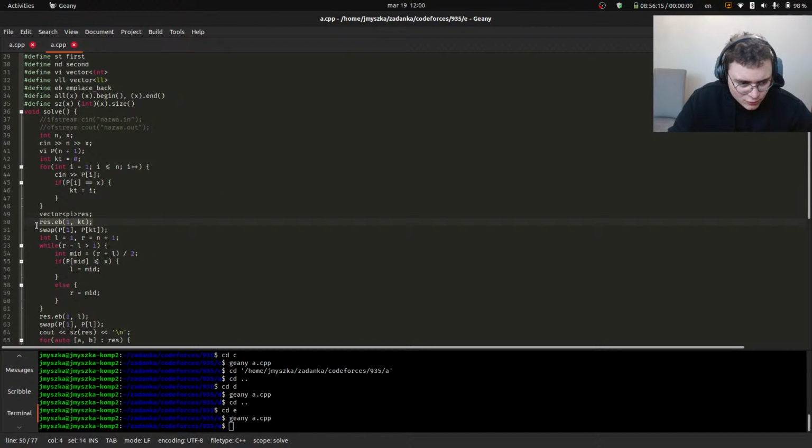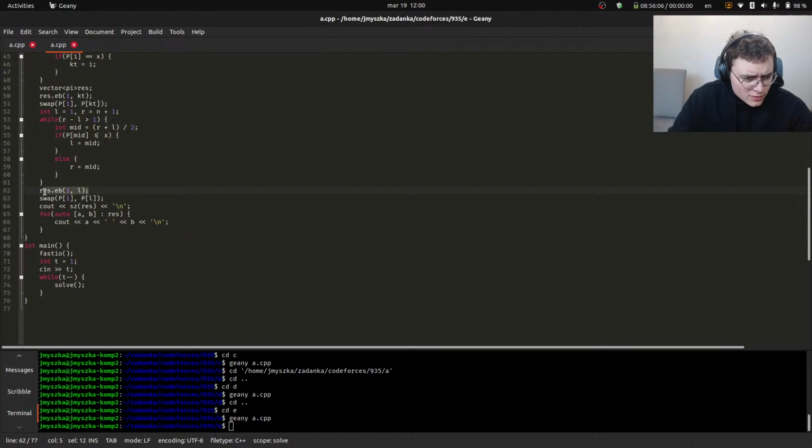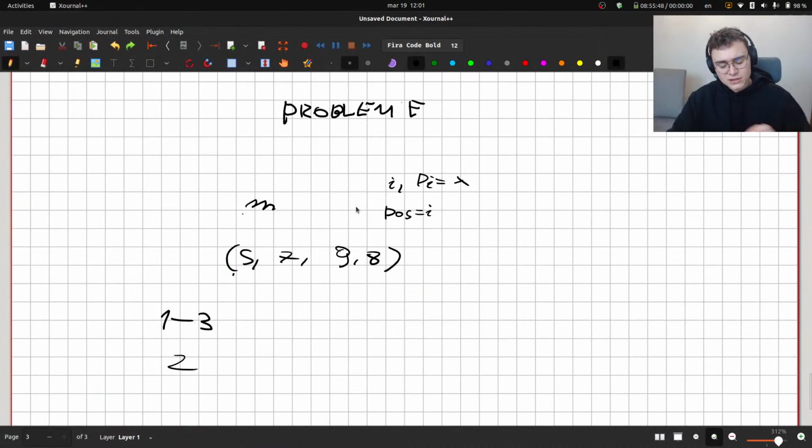I'm swapping it with position 1, and then I just copied the binary search from the statement of the task. And then I'm swapping position 1, because right now I know that p_1 is equal to x, and I am swapping it with position l. And then I am just counting the operations. Yes, I will explain once again why we never compare with position 1.